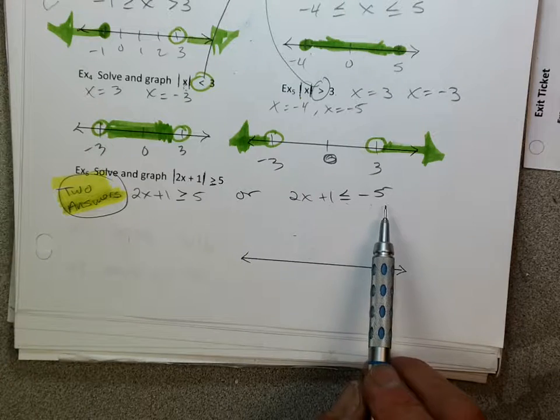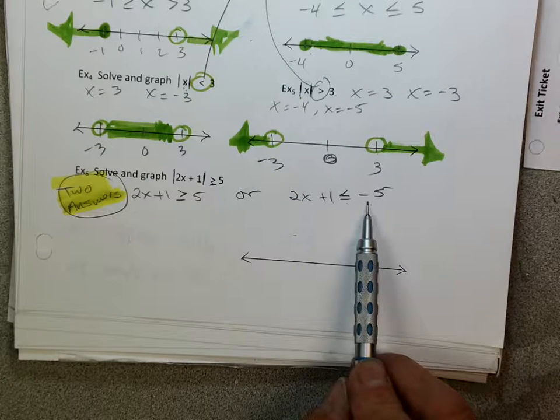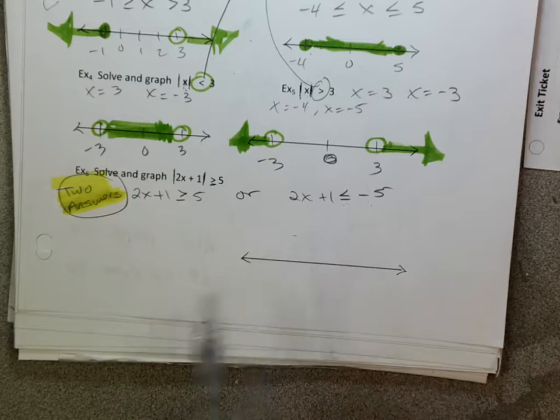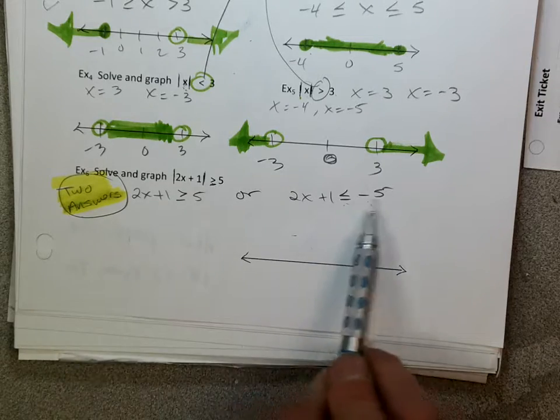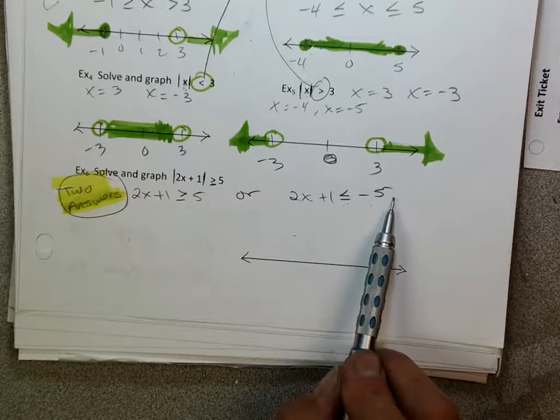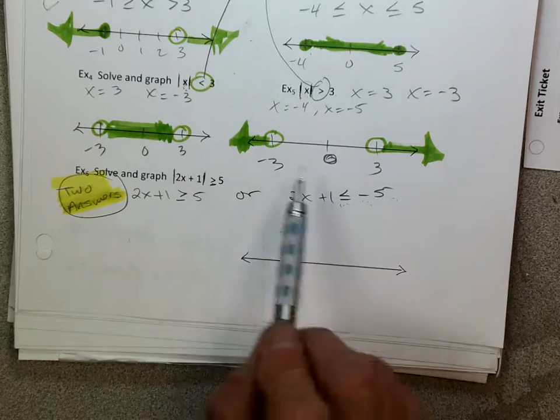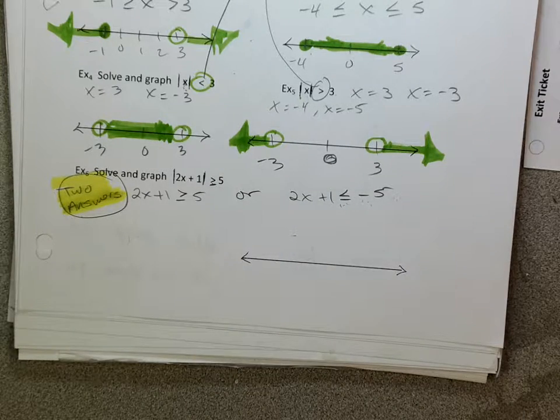Well, I made it negative. So what happens when we make it negative? We turn the inequality, so we switch the sign. Remember, we've done that before, right? So sure enough, I needed 2 answers, so I wrote it twice. The second time I wrote it, I made it negative, and I turned the sign. We learned up here that the negatives can be part of the answer, right? So now we're just going to solve it.